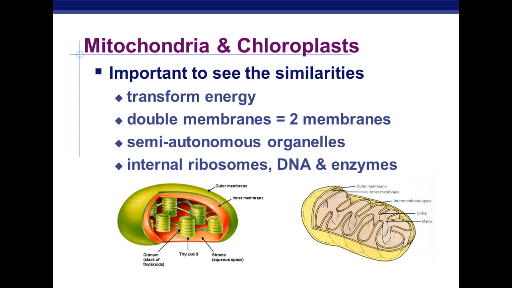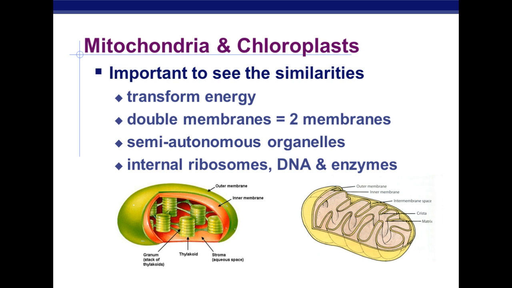So let's look at these important organelles and some things they have in common and get them in your notes. First of all, we will soon see that both transform energy and generate ATP. Second, they both have double membranes on their outside.